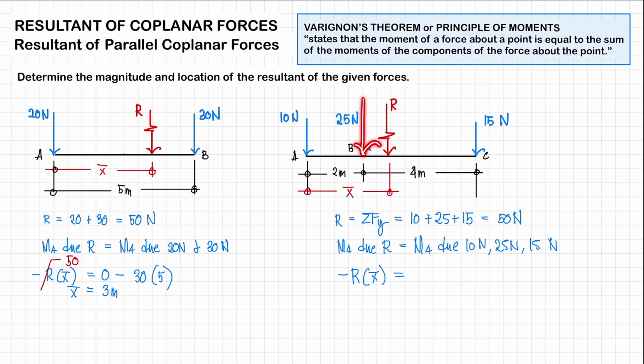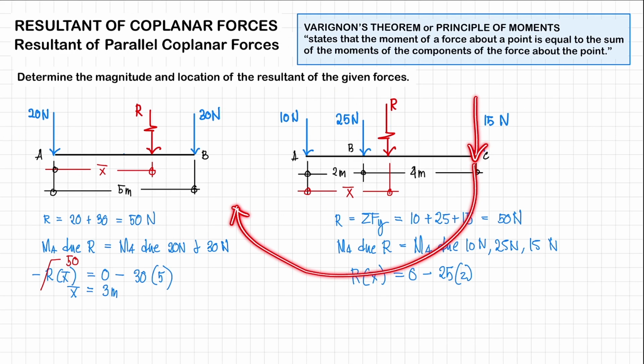Next, we're going to consider your 25 Newton force, and again, it's going to rotate in a clockwise direction, and the perpendicular arm is going to be your 2 meters. So this is going to be negative. So we'll start with the 10 Newton force, that's 0, minus 25 newtons times 2. And then we have your 15 Newton force, again rotating in a clockwise direction. So that's going to be negative. For the perpendicular arm, this is going to be 2 plus 4, which is equal to 6 meters. So that's negative 15 times 6 meters.